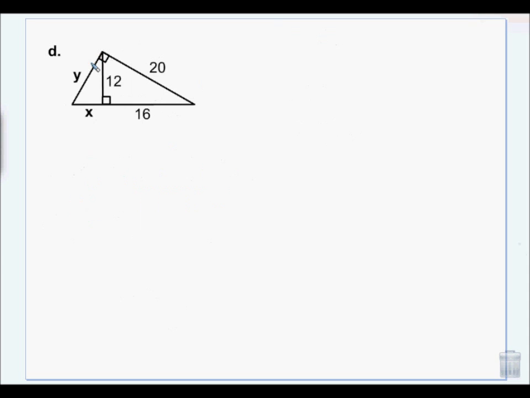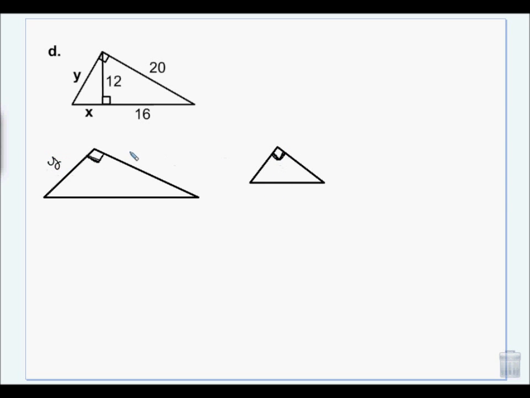And last, we have the triangle that needs to be rotated. Okay, so I have a large triangle and a small triangle. In my large triangle, this is my 90-degree angle, so in my small triangle, I want to make that my 90-degree angle also.